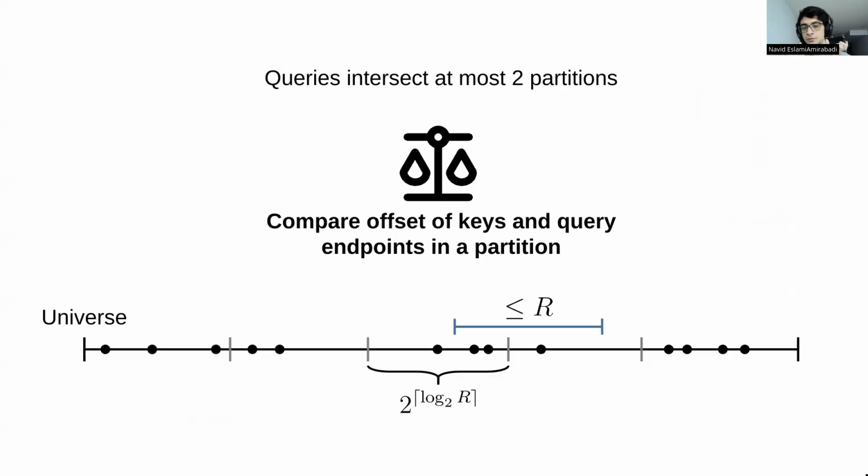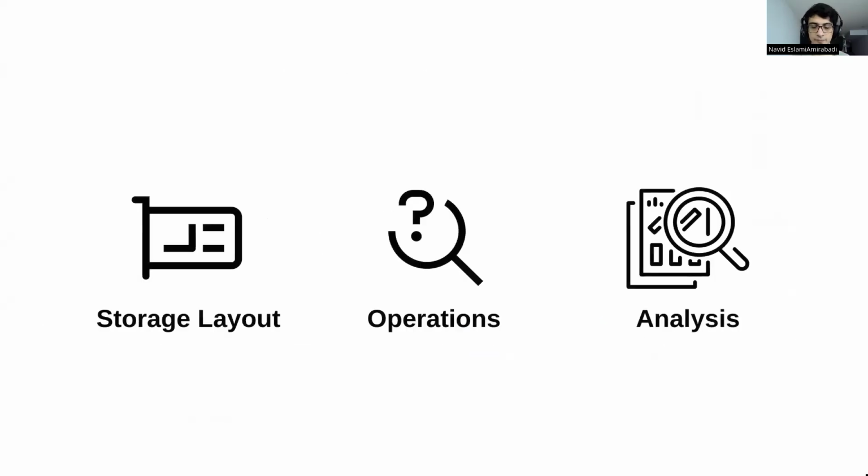So you can, just by looking at the offsets of the keys within the partition and comparing them to the endpoints of the query, answer the localized queries, which allows you to then answer the overall query. Now, what this means is for each one of the keys, you just have to store the offset of the key from the beginning of the partition, and that's going to allow you to do this comparison. All right, so that's the high-level idea.